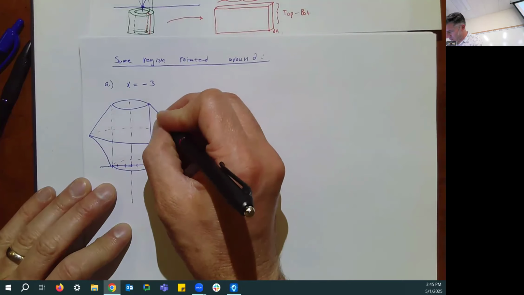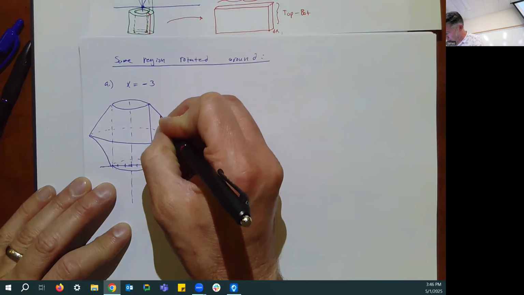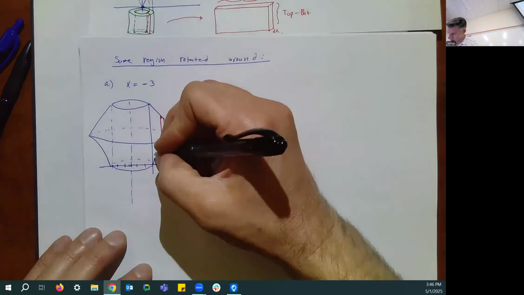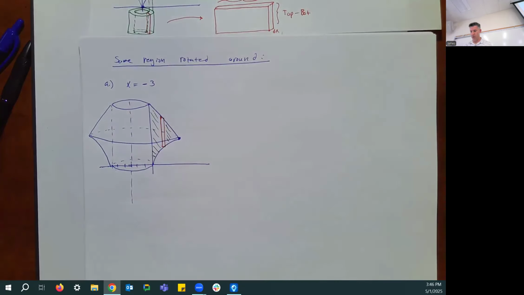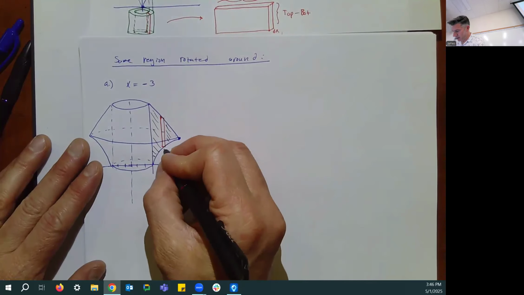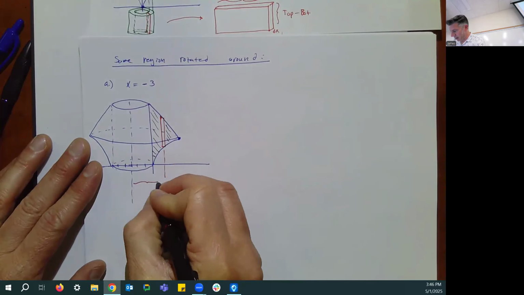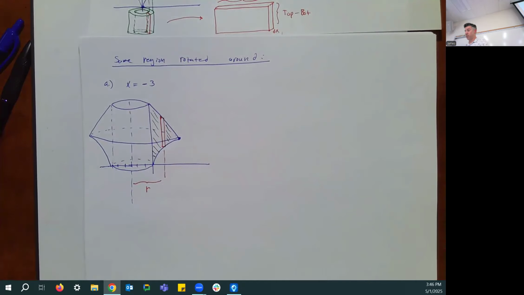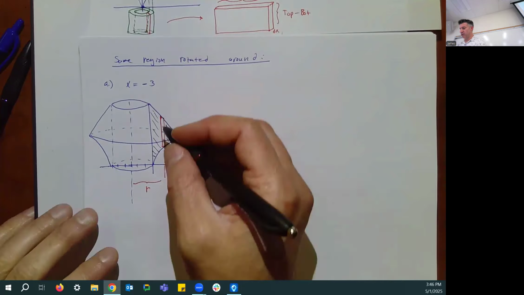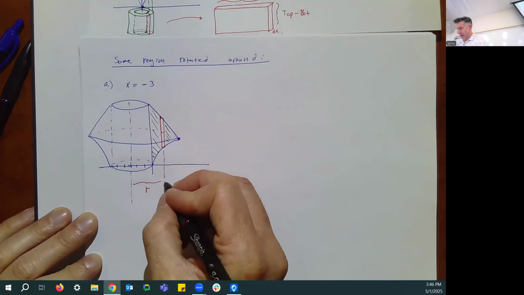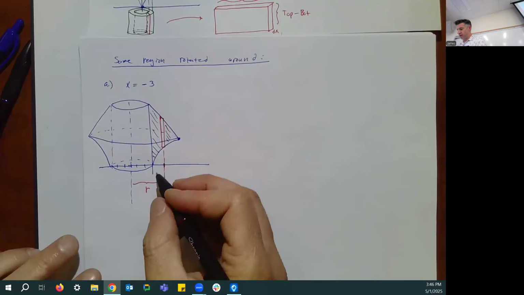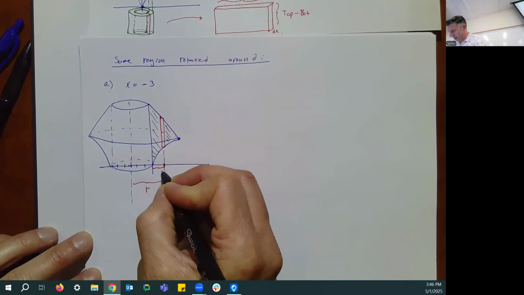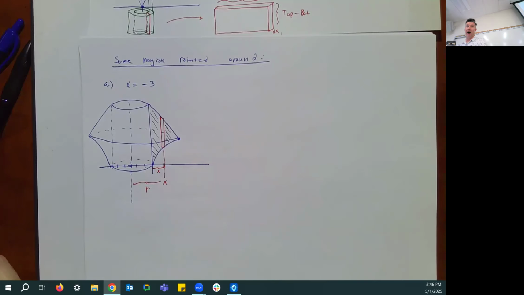So here's my vertical strip in my region. And my region is still just this part right here. And so now this is my radius. Before my radius was x, because I'm imagining this strip is located at x, like this is x on the x axis. But now x is the distance from the y axis.